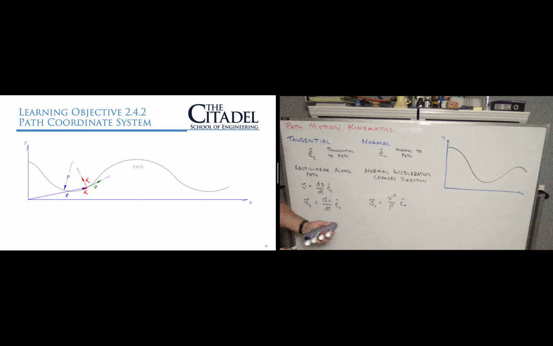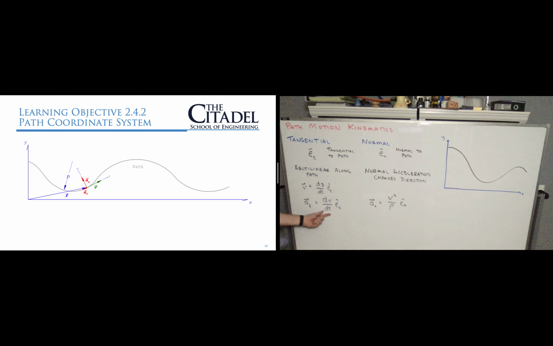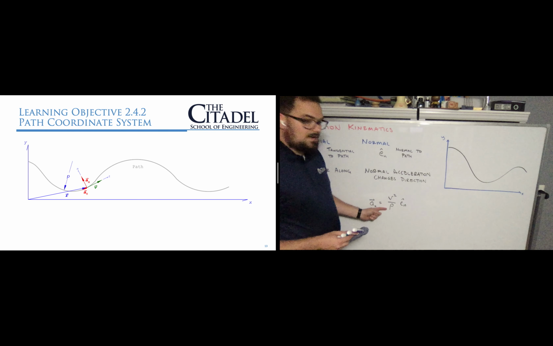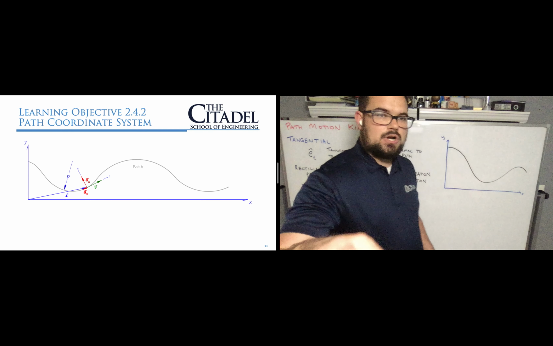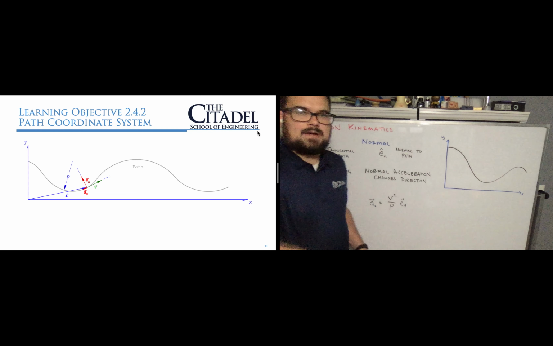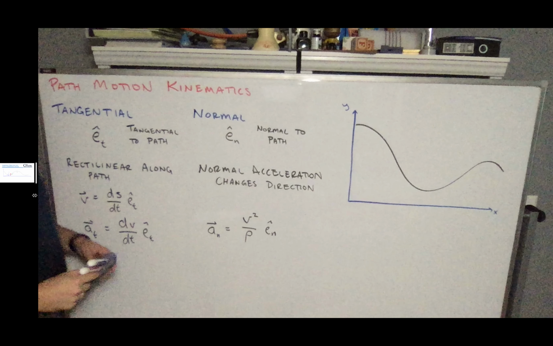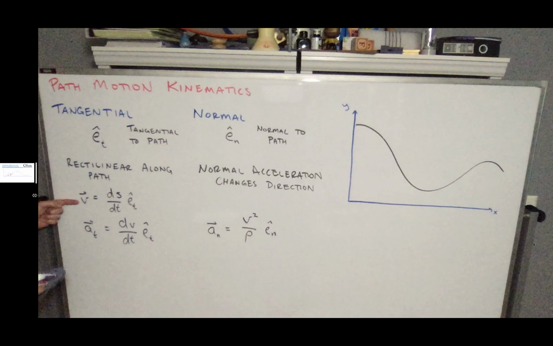V squared over rho, where V is the velocity, ds dt, squared, divided by the radius of curvature. If you look on my chart here, this over here is my radius of curvature. We've talked about our tangential unit vector, and the velocity is 100% in the tangential direction.